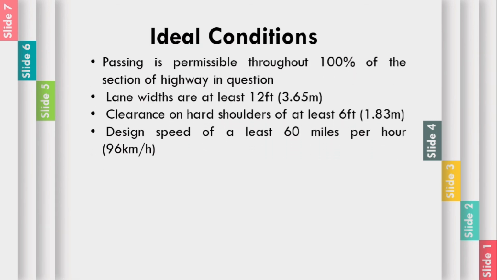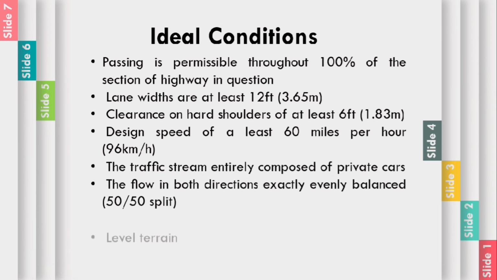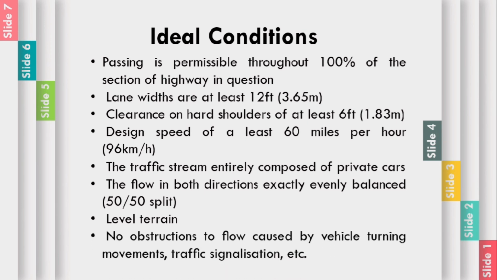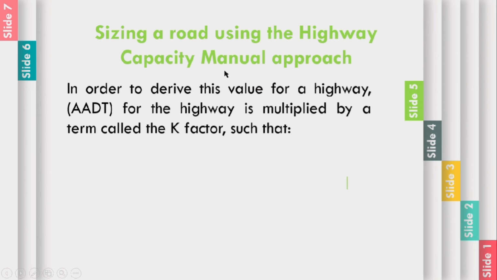If ideal condition obtained, the service flow is obtained using the ratio of flow to capacity associated with the required level of service. Sizing a road using the highway capacity manual approach. When sizing a new road, a desired level of service is chosen by the designer. This value is then used in conjunction with the design traffic volume in order to select an appropriate cross-section for the highway.